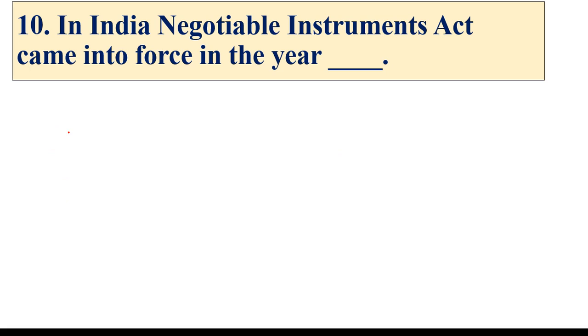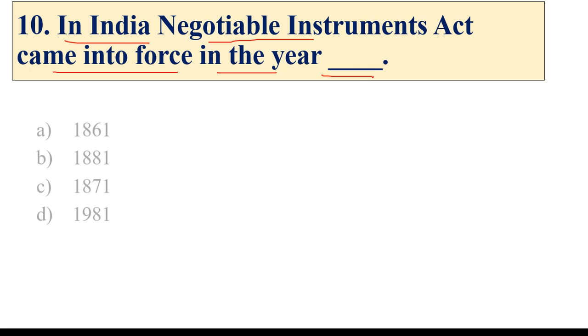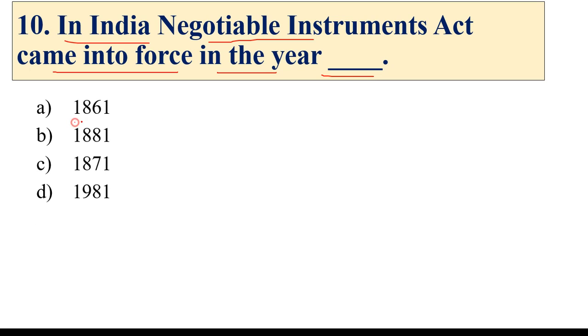Question number 10. In India, the Negotiable Instruments Act came into force in the year dash, means in which year the Negotiable Instruments Act came into force. So we'll see the options. Option A 1861, option B 1881, option C 1871, option D 1981.